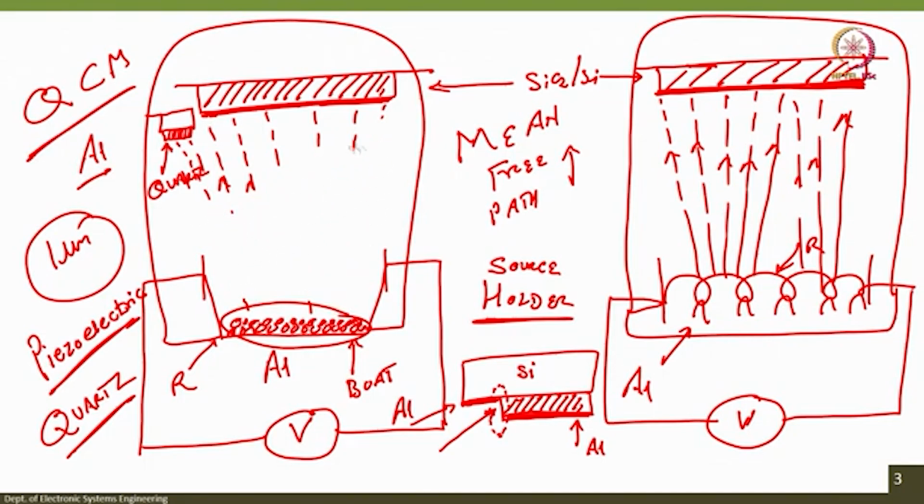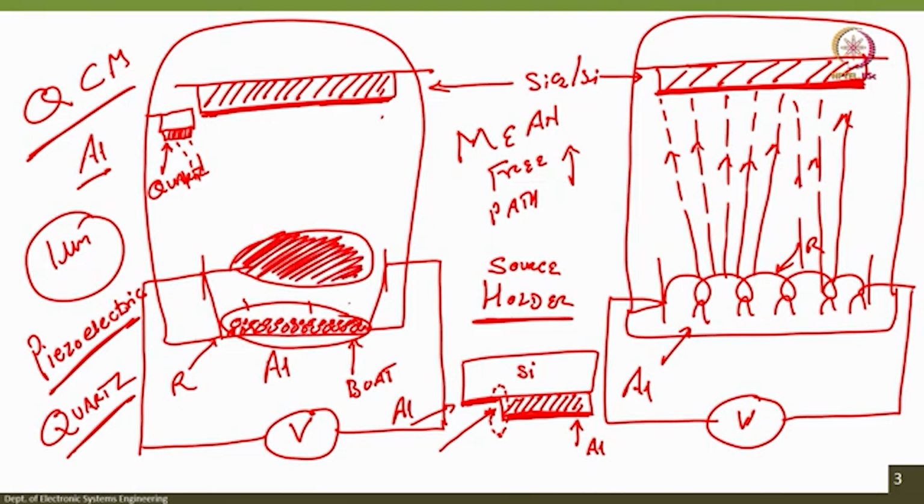Initially you have here a plate which will cover or mask the deposition, and once the material is uniformly melted, this plate is opened. So, it goes in a different direction, and then you can deposit your material, you understand.